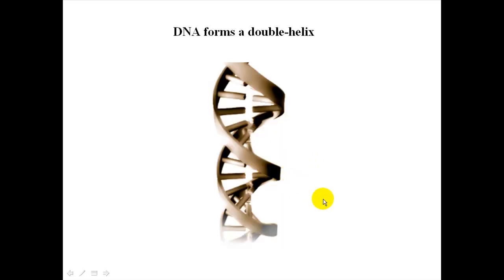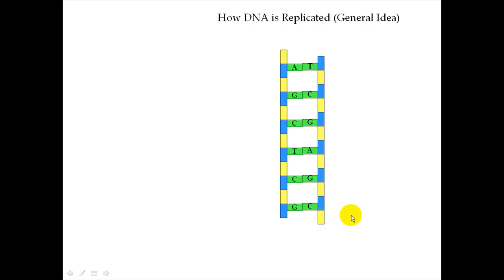So now that we've reviewed the basic structure of DNA, we can figure out how DNA ends up replicating itself. And so here's the basic idea. Here's a schematic of a DNA molecule and it's color-coded, so here's what a single nucleotide looks like. The green is the nitrogenous base, the blue is the sugar, the yellow is the phosphate.